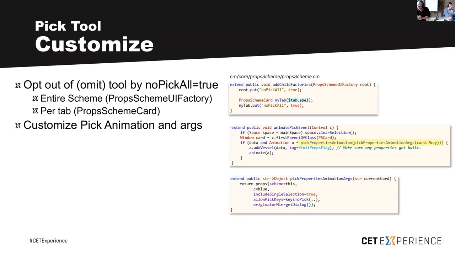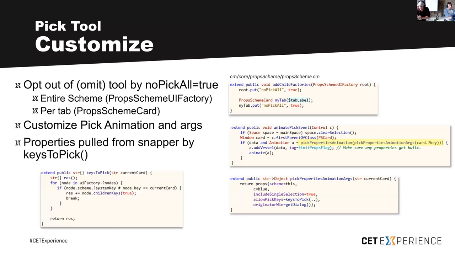The keys to pick is worth mentioning. The keys to pick are the keys on the active scheme card. On the left here is showing the default behavior. It's going through that card and picking up all of the props on that scheme.